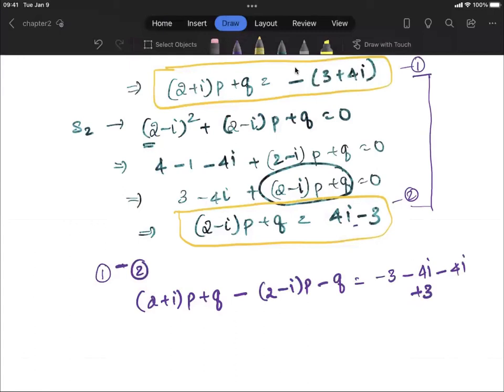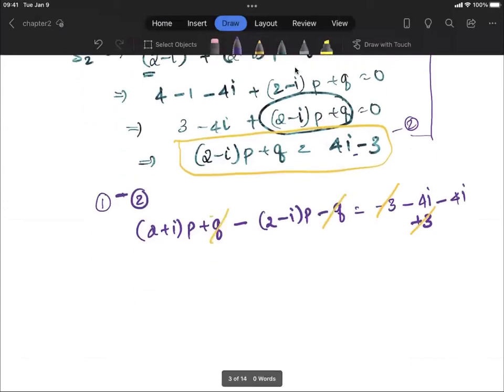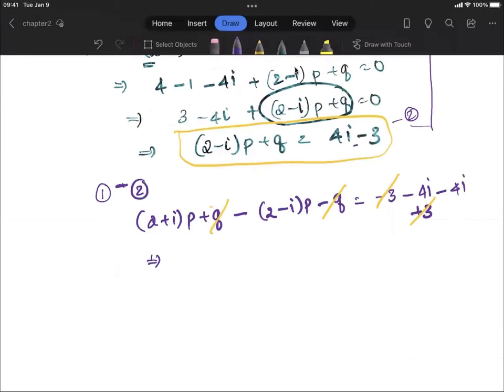Now let's cancel out these terms. The q gets cancelled. Now this can be written as 2p plus ip minus (2p minus ip) is equal to negative 8i.